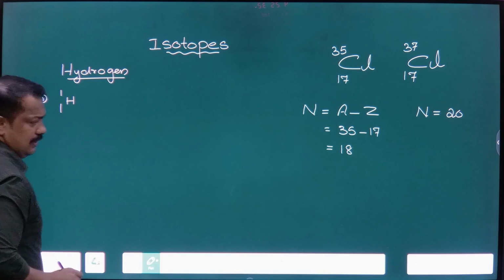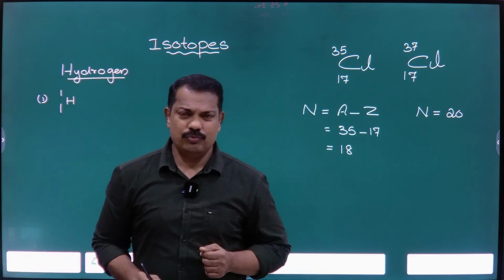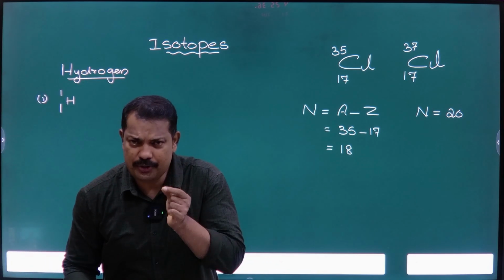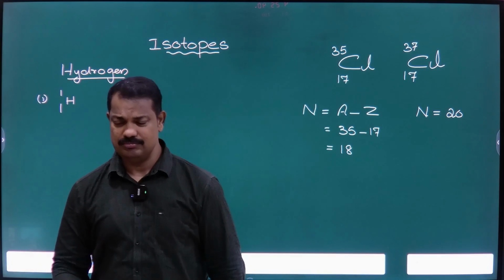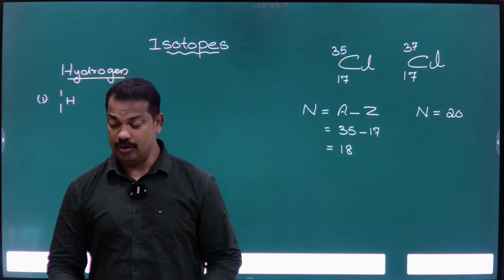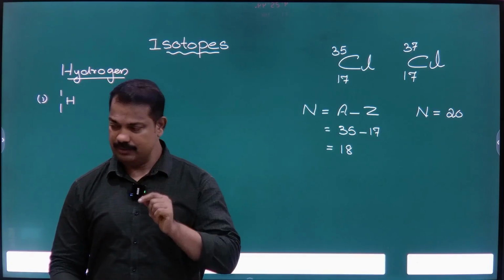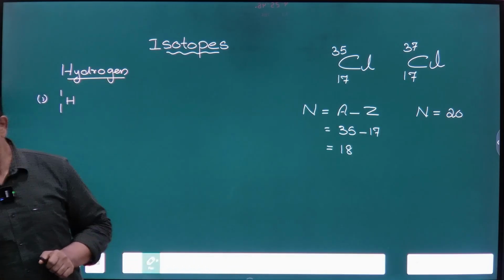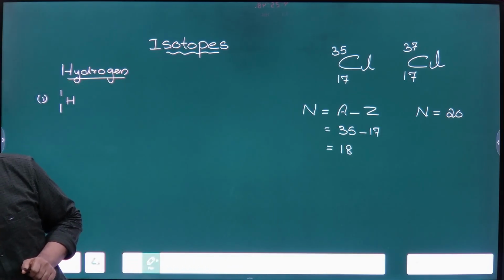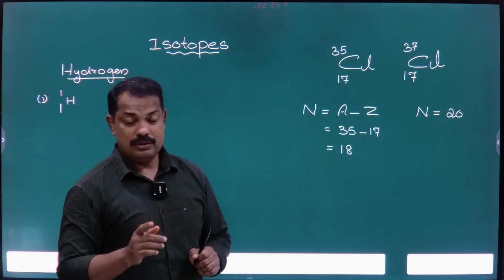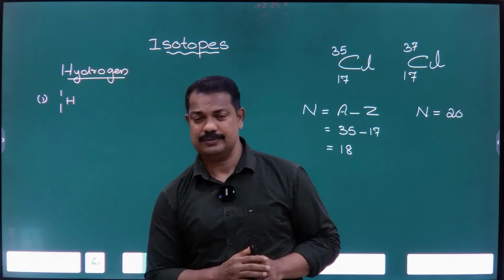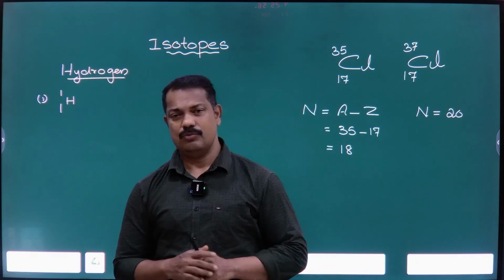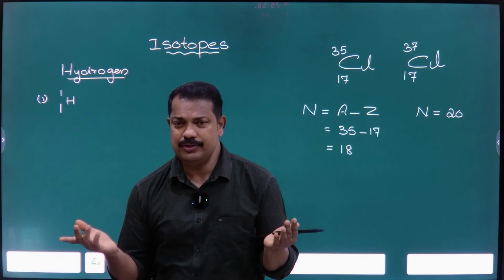The first one, 1H1. In this case, what is the number of protons present in this isotope of hydrogen? Number of protons is equal to 1. Number of electrons, 1, because an atom is electrically neutral.